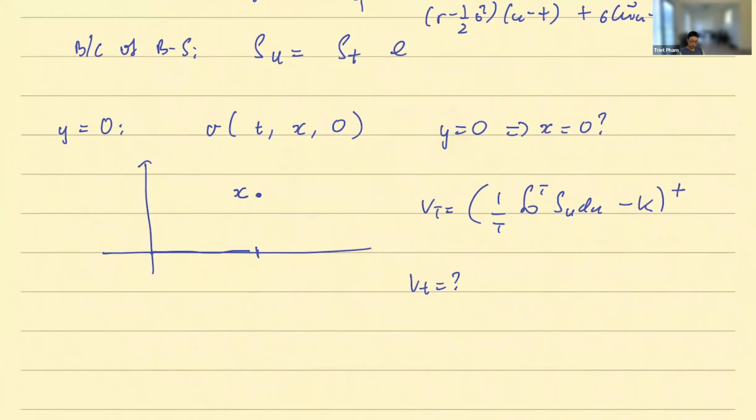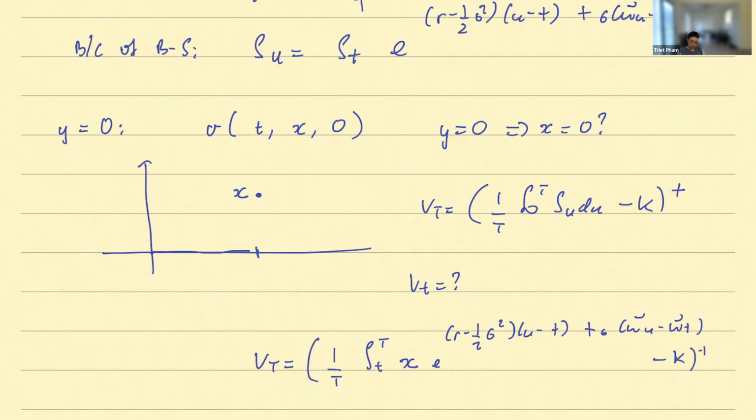Well, let's see. What it says is that V_t now is 1 over t, the integral from t to big T of x e to the (r minus 1/2 sigma squared)(u minus t) plus sigma (W tilde u minus W tilde t), minus K plus. Agree? Because the area from 0 to t is 0.